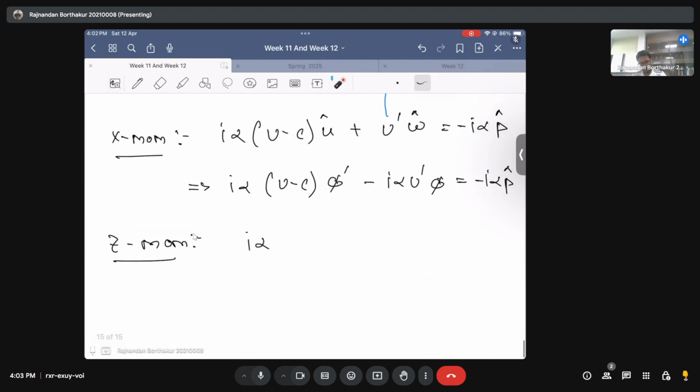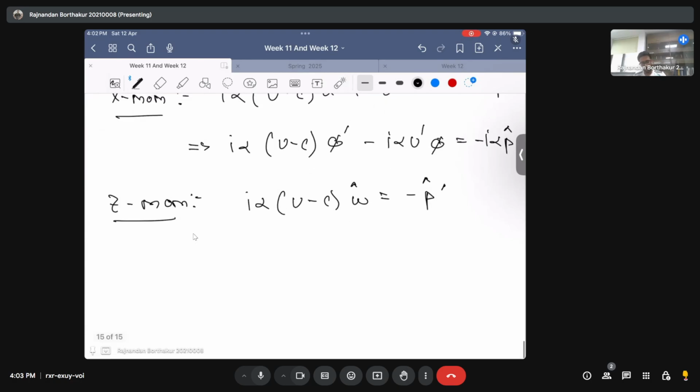So you have minus i alpha (u minus c) times w hat equal to minus dp hat by dz. I will call the derivative phi prime; I'm just replacing the derivatives with prime.